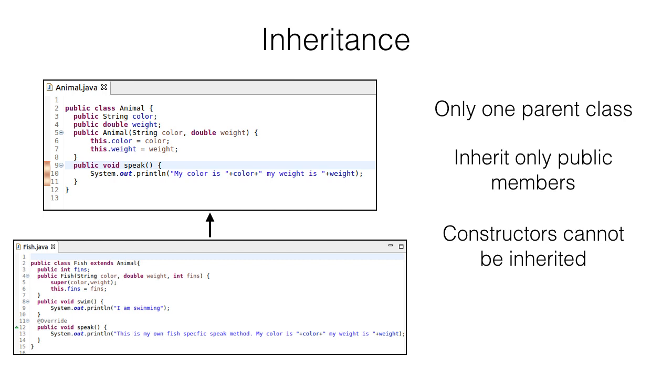However, a subclass can invoke the constructor of a parent class using the super keyword, as we shall see in the demo. Further, every class has a superclass. If there is not one specified, it will be by default inheriting the Object class. The Object class has no superclass.